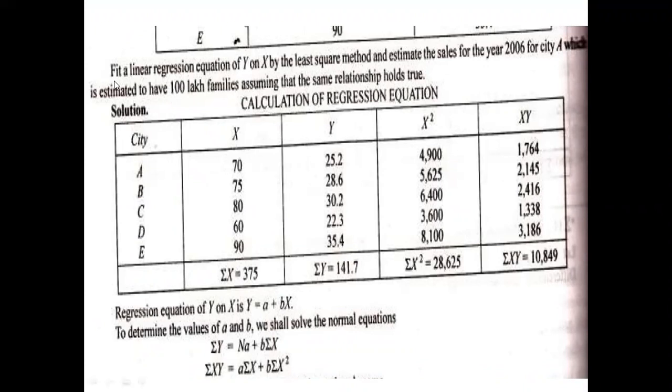Fit a linear regression equation of y on x by the least square method and estimate the sales for the year 2006 for city A, which is estimated to have 100 lakh families, assuming that the same relationship holds true. Means we are assuming that whatever is the existing relationship, it will hold true. Then what will be the estimation for 100 lakh families based on the existing data that we need to calculate.